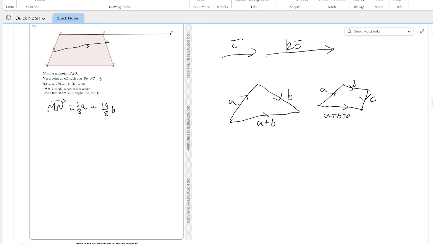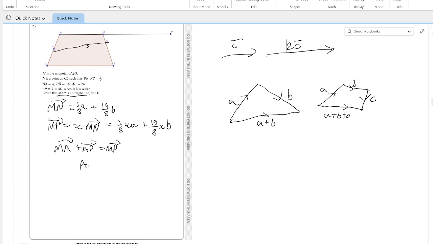Now, we're going to try and calculate AP. So here's what we're going to do. We're going to say that MP is a constant times MN, because they're a straight line. And so this is equal to x/8 a plus 19x/8 b. And now we know that MA plus AP equals MP.